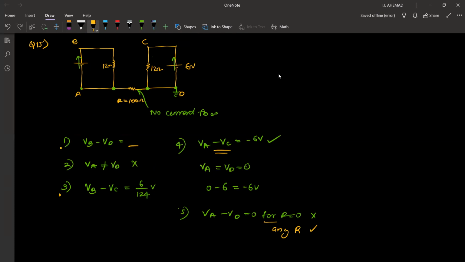So Amna and Shaham are clear with this question. Just check the past paper and see what is the value that should come over here. 12. So VB minus VD is equal to 18. That is incorrect because VB is 12, VD is 0, 12.